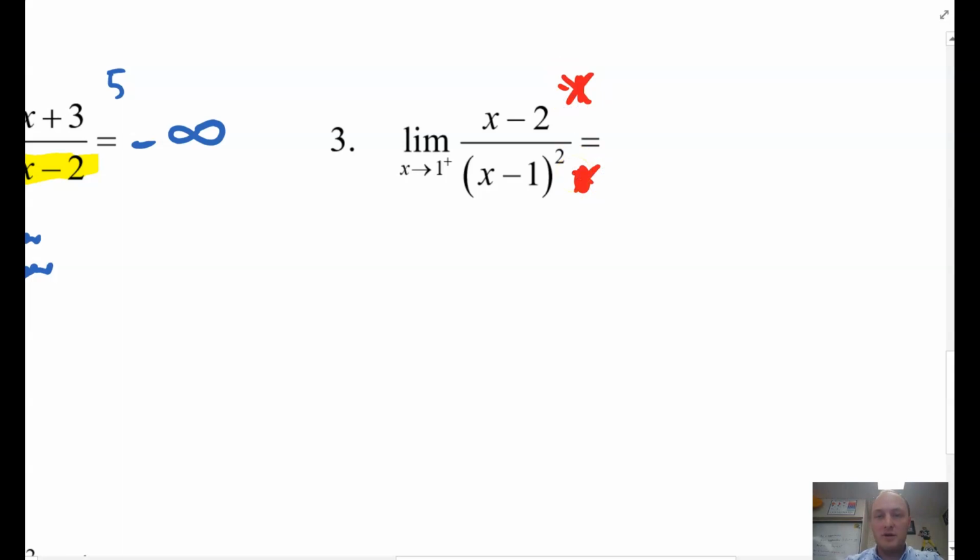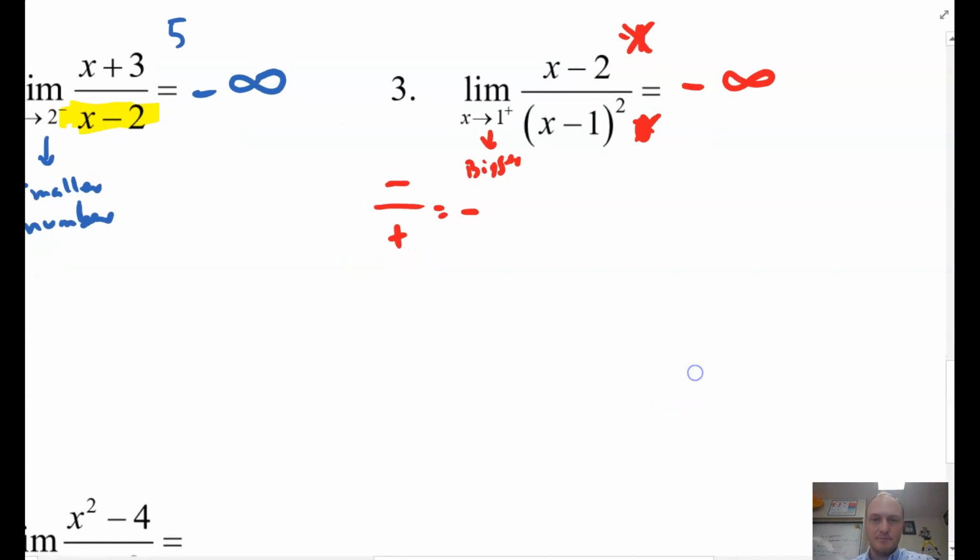I plug 1 into the top and get -1, a negative value in our numerator. In the denominator, 1 from the right is a bigger value, so that's a positive value, and a positive value squared gives me a positive. So negative divided by positive is a negative. So this limit is approaching negative infinity.